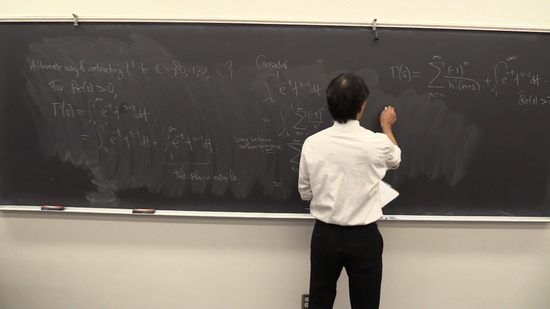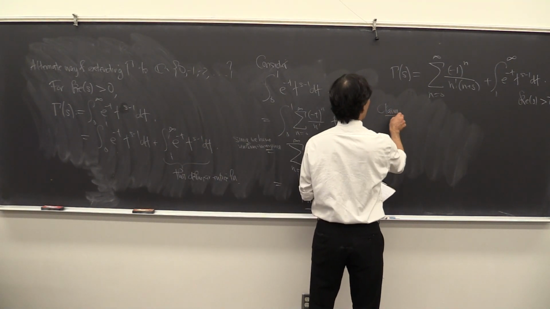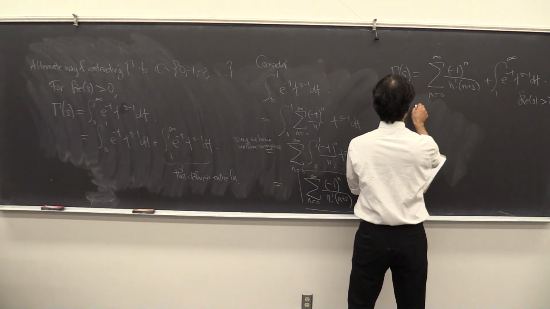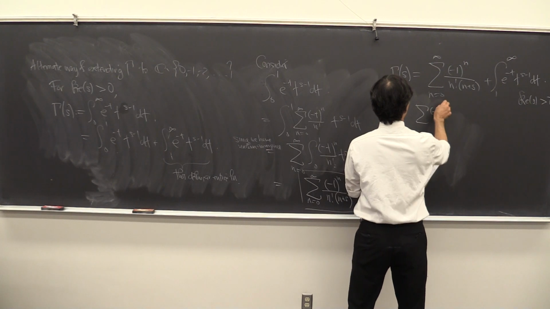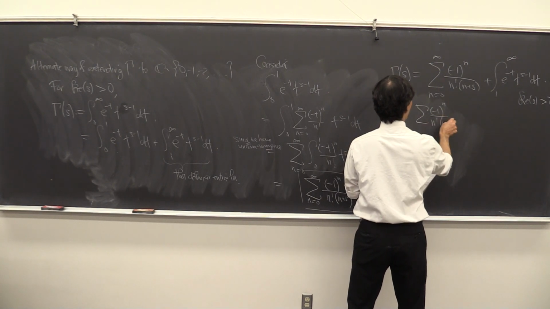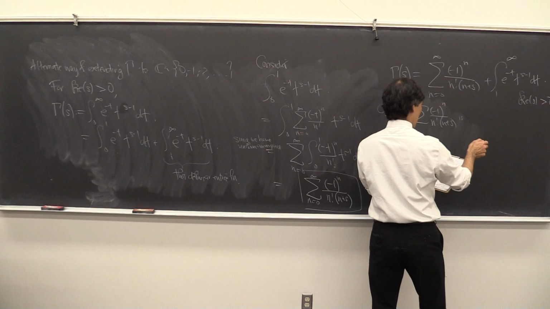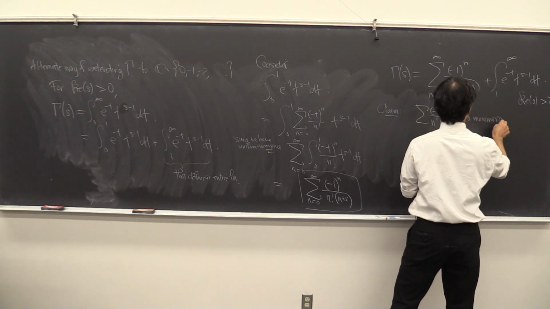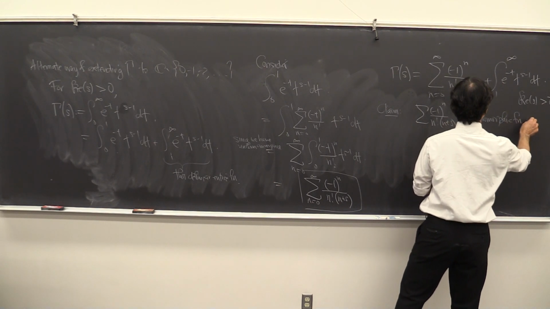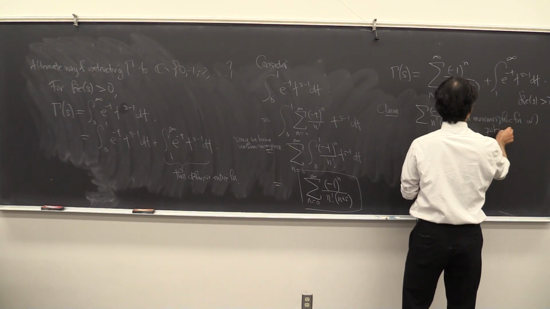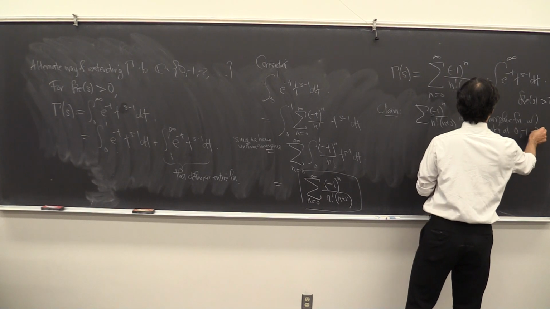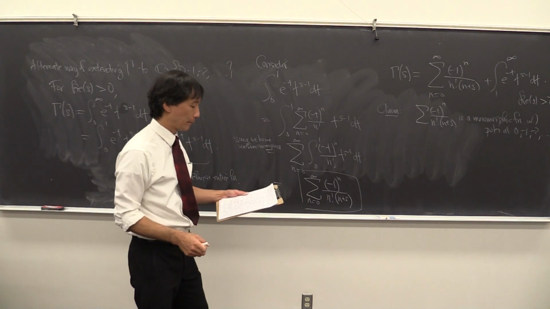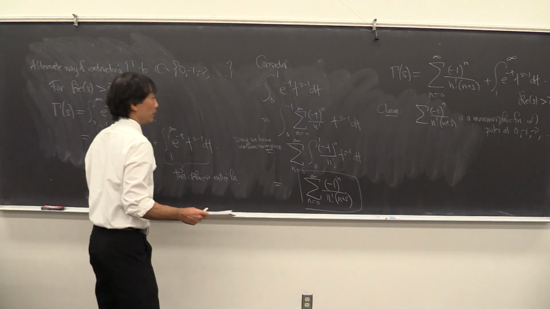Okay, so the claim is that this thing on the left is a meromorphic function with poles at the right places.